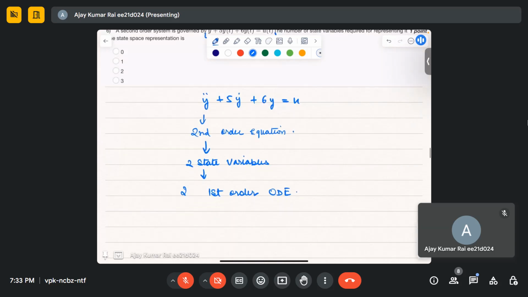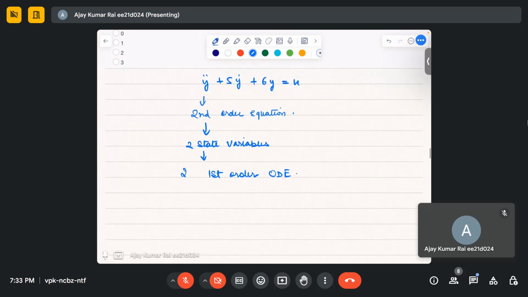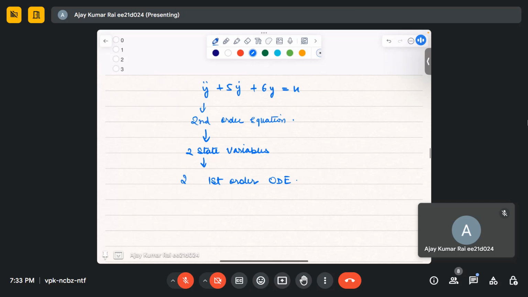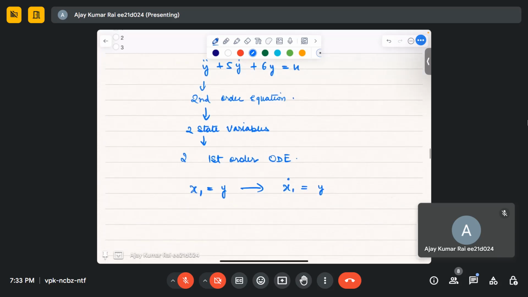Let me choose the first state variable x1 as y. So x1 dot is y dot. Let me choose x2 as y dash. So x2 dot is y double dot.